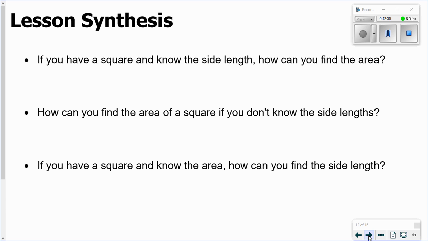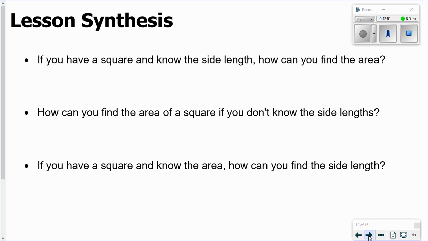So we can create a perfect square and subtract those triangles from it to find the area of a square that's not perfect. How can you find the area of a square if you don't know the side lengths? Again, same concept. We can do that surround and subtract method to create those perfect squares.